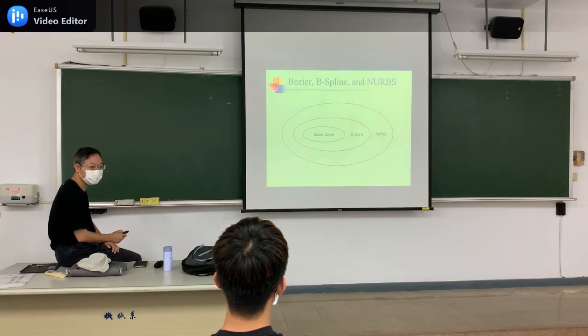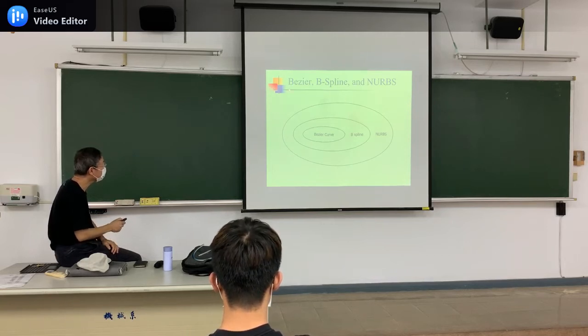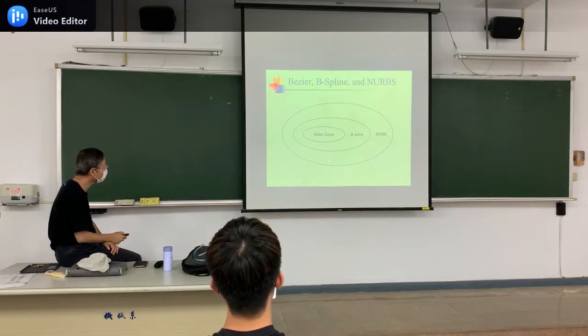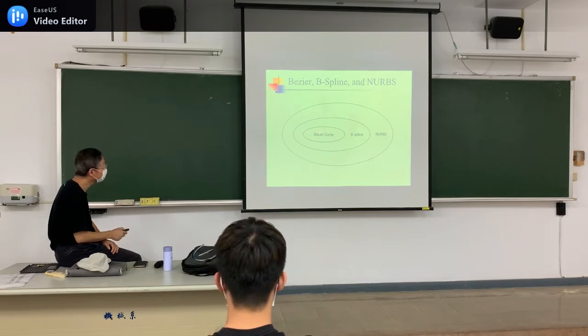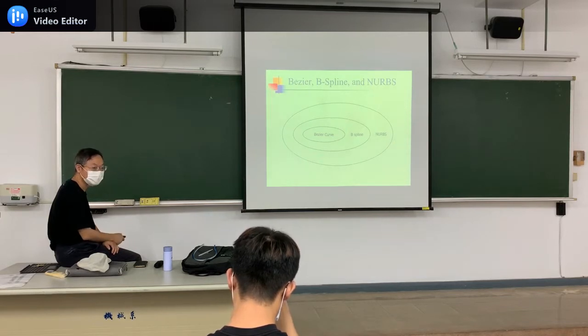That will be another topic we will talk about later. So here, we will discuss the Bezier and B-spline first. Their relationship is like this. The set of the Bezier curve is smaller. The B-spline is larger. And NURBS is even larger.